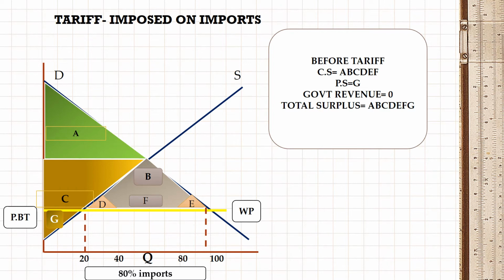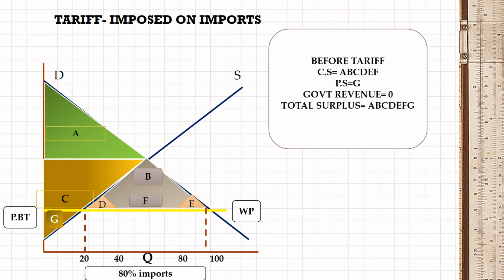So you notice around 80% of shortage here because there are only 20 suppliers, whereas 100 people are demanding more goods. So your imports would be around 80% before the tariff is imposed.